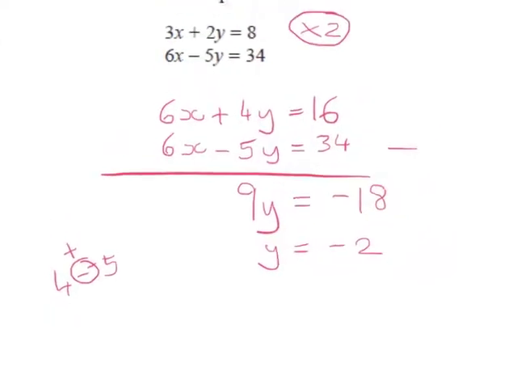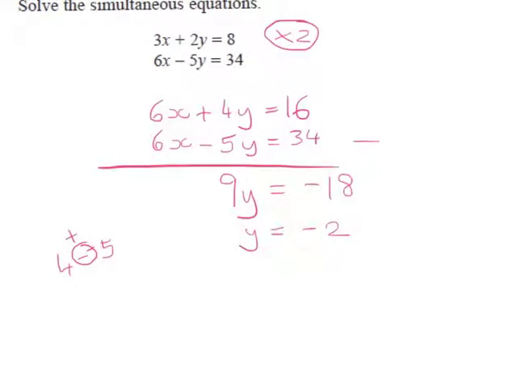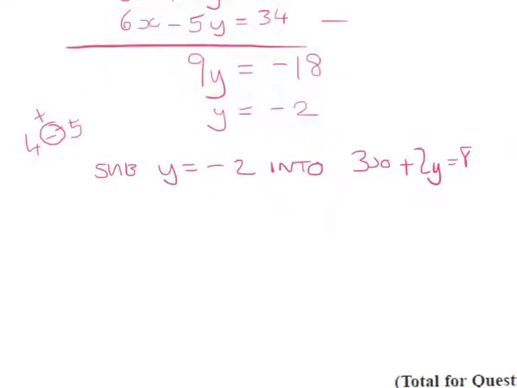Now to finish this question off, we need to put that negative 2 into one of the original equations. So if we take the one of the smaller numbers, we're going to sub y equals negative 2 into 3x plus 2y equals 8. Right, so that will be 3x plus 2 times the bit we're substituting in, the negative 2, equals 8.